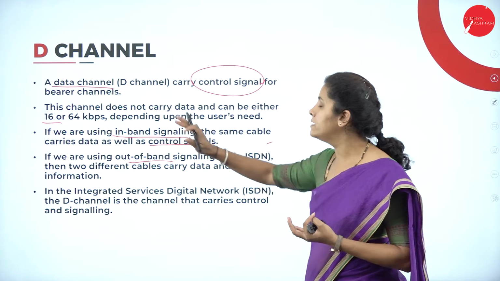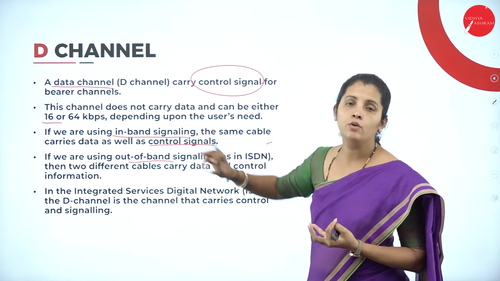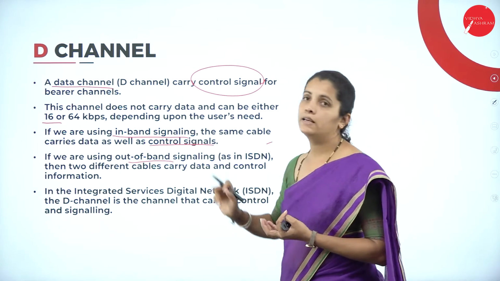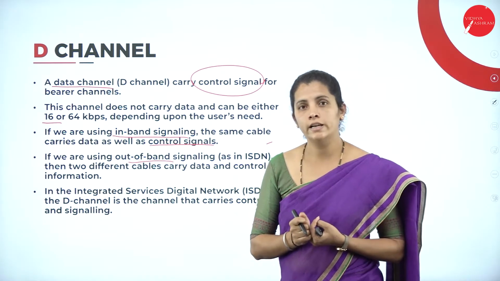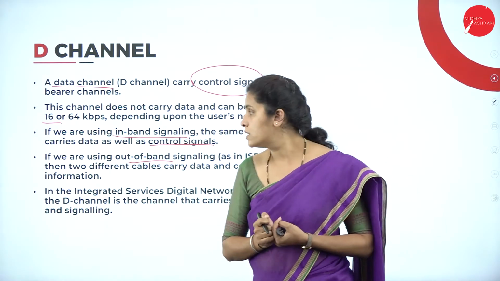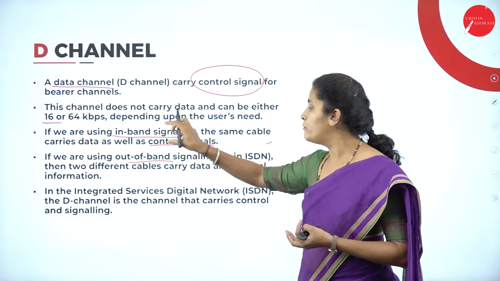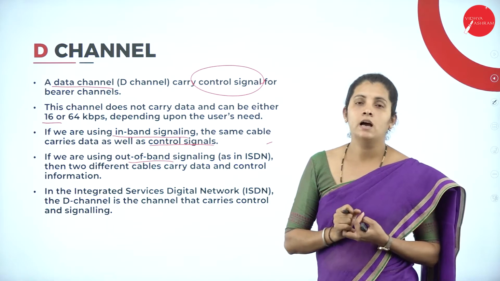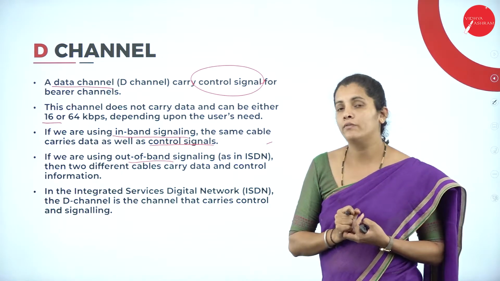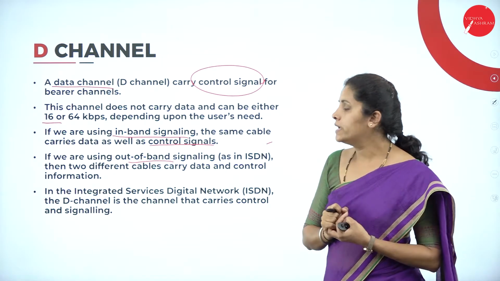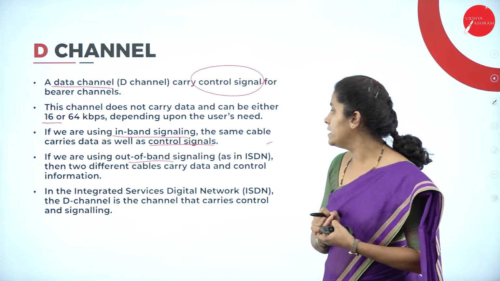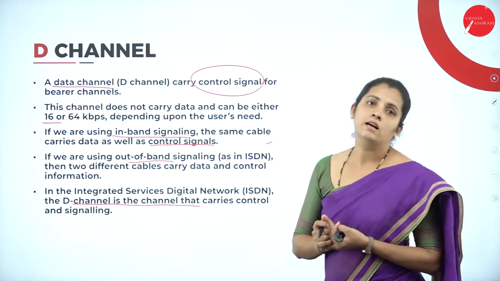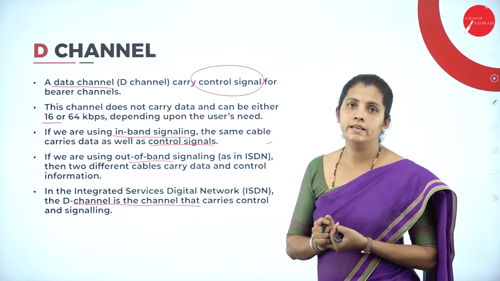So I repeat, in in-band signaling, we are going to have only one cable, and that one cable is responsible for carrying data as well as signals. But in out-of-band signaling, we are going to have two cables, one for data and one for signaling. So in an ISDN network, the D channel carries control and signaling information.